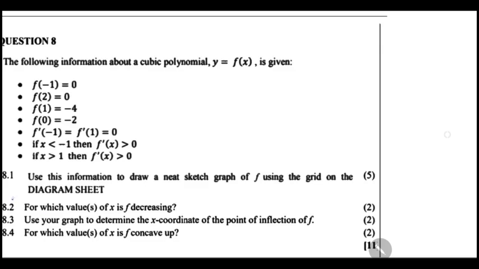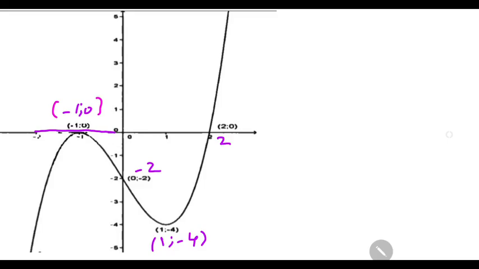Now the question 8.2 says, for which values of x is f decreasing? So the graph starts left to right, increasing till this turning point, decreasing till this turning point, again increasing, and so on.